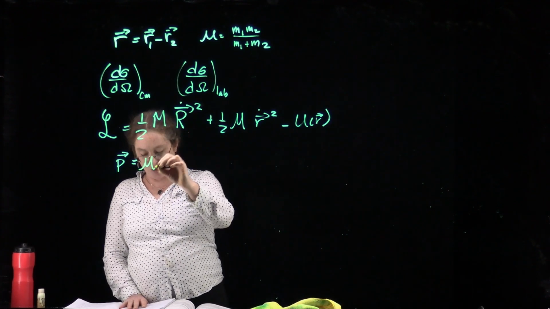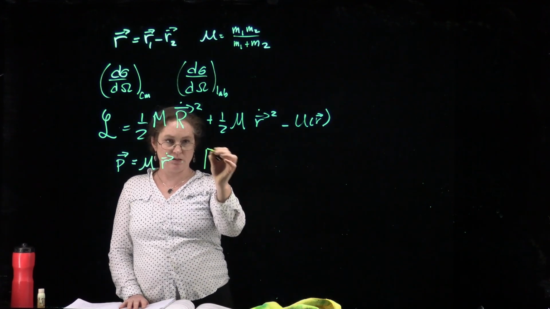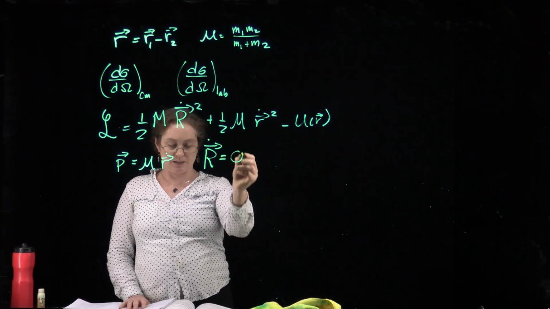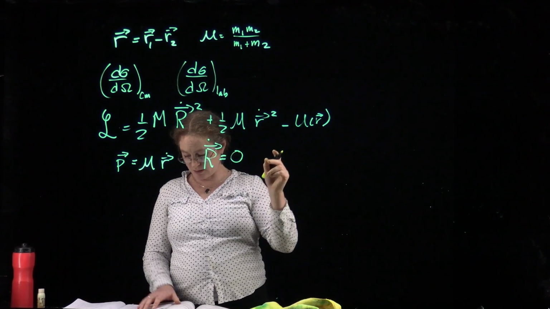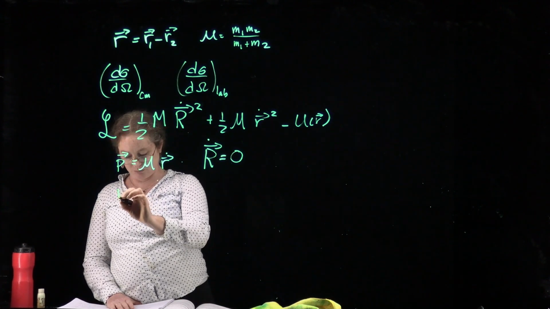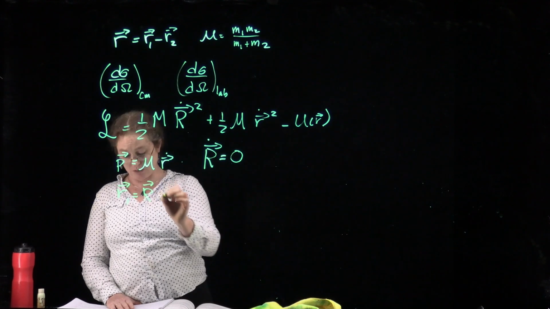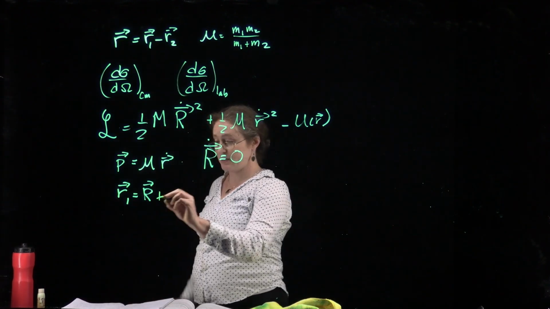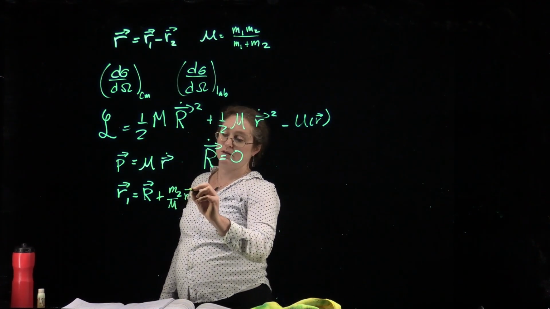given by mu r dot, and since there are no forces acting on the system, big R double dot is 0, and this tells us, and then we also know, from the definitions of big R and little r, R1 is big R plus m2 over M little r.